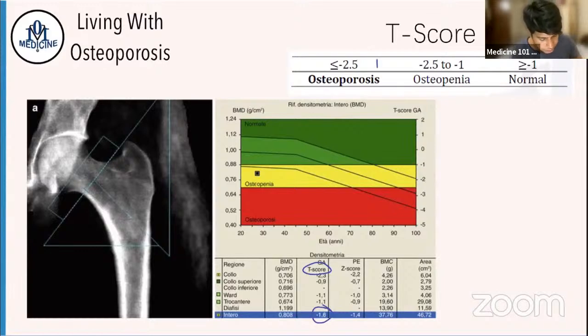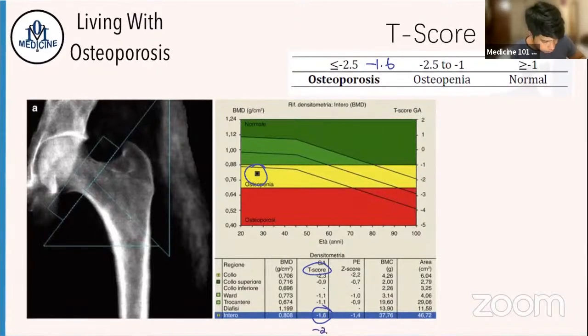So any range from minus 2.5 to minus 1 is considered osteopenia. That is, you are in the yellow zone. Your bone mass is low, and you have a risk of osteoporosis unless you make some changes in your life. If it is less than minus 2.5, if this value was minus 2.8, that means you are somewhere here, and you need to check that with your age.